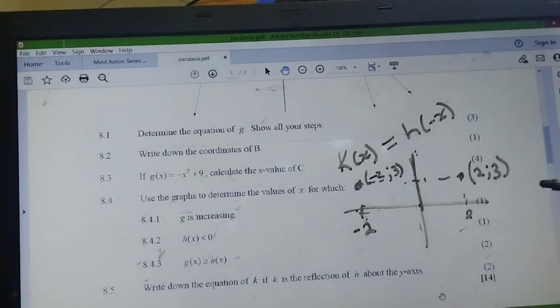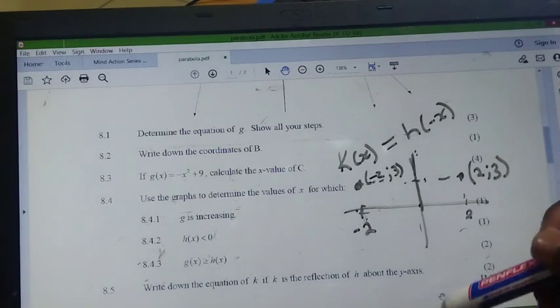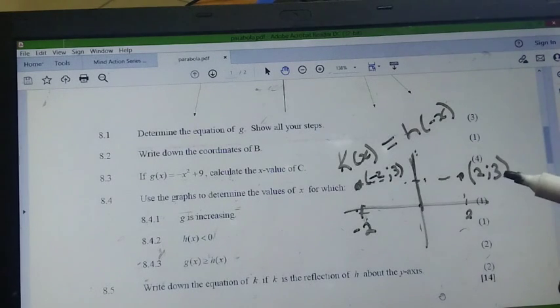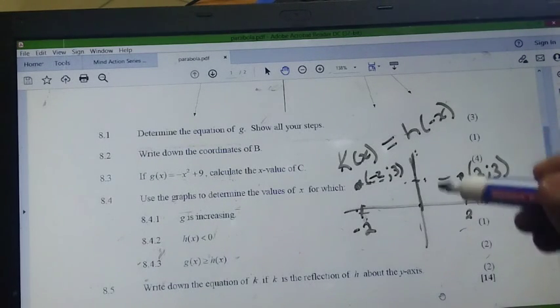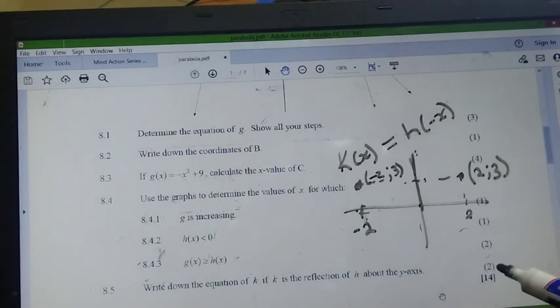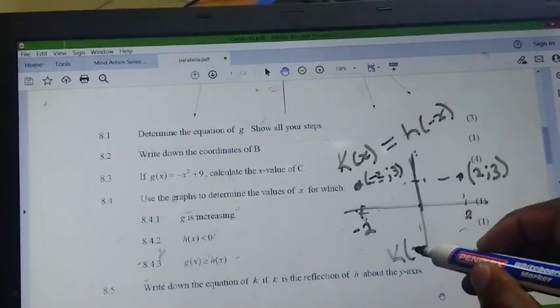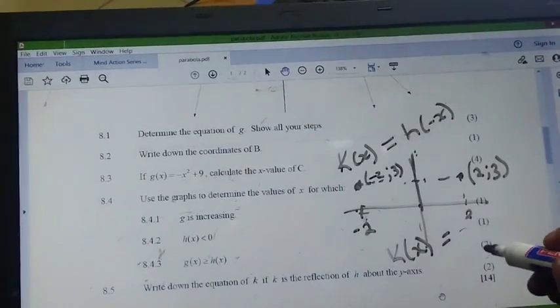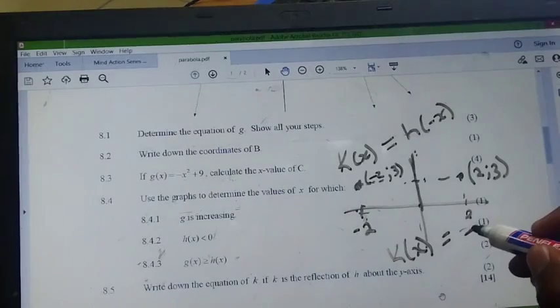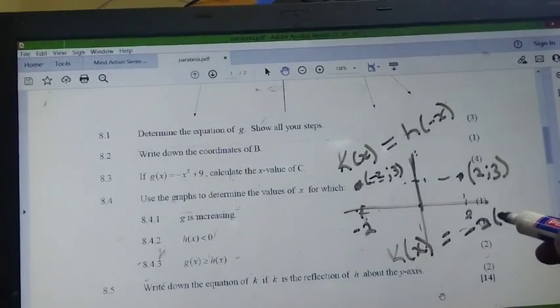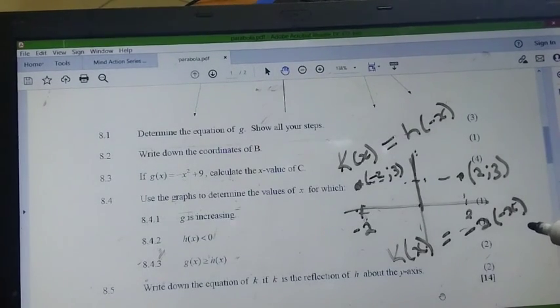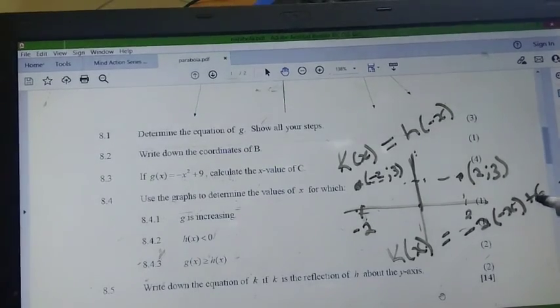So that tells you that where there is x, you put -x to reflect the graph along the y-axis. So basically we are saying k of x will be equal to -2, where there is x we put -x to show that this is what happens when we reflect along the y-axis, and then plus 6.